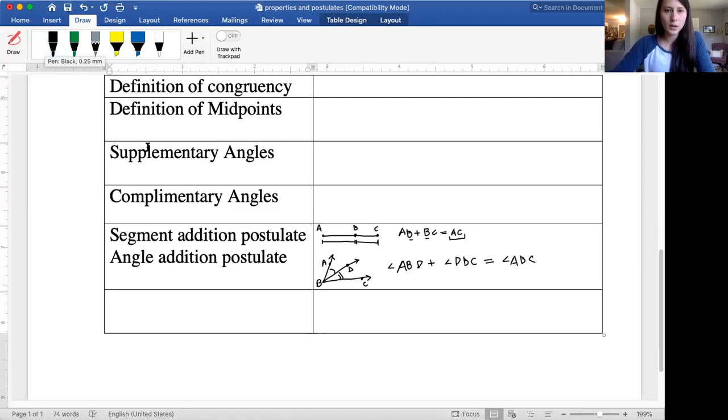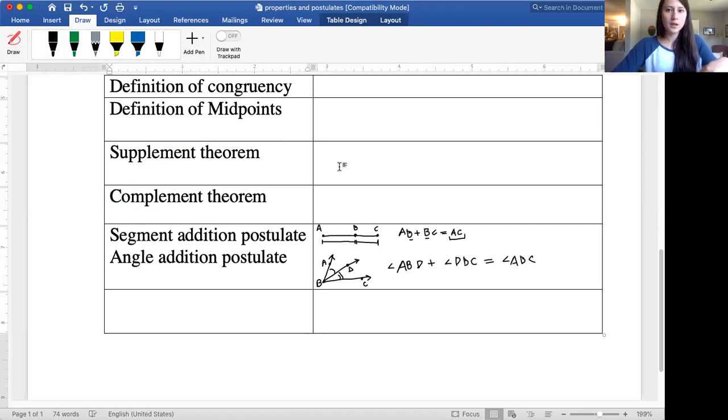So up here where it says supplementary angles and complementary angles, I want you to cross this off and write supplement theorem and complement theorem. Okay, so there's two theorems now related to supplementary and complementary angles.